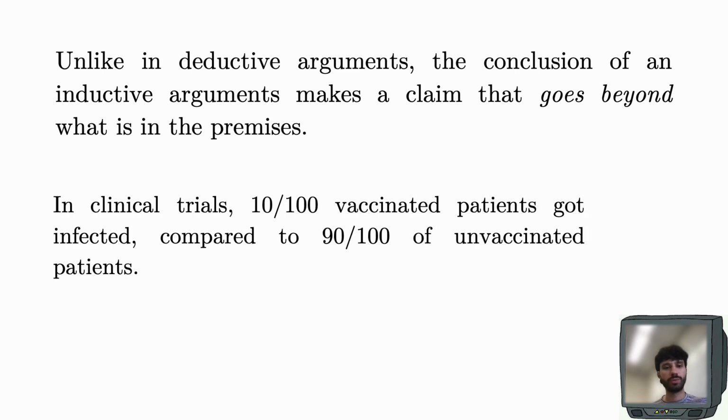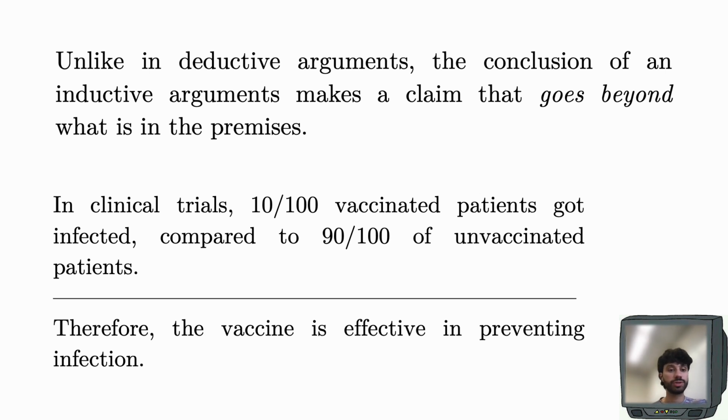So this was an example I gave earlier. Suppose that I make a clinical trial for a vaccine and that 10 out of 100 vaccinated patients got infected with the virus and 90 out of 100 unvaccinated patients got the virus. And so you might conclude something like, well, the vaccine is effective in preventing infection.